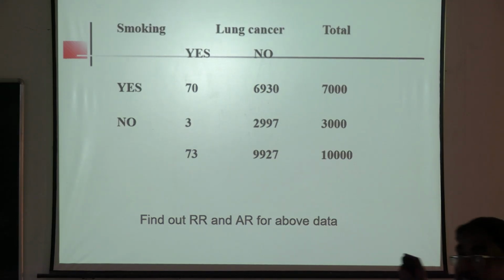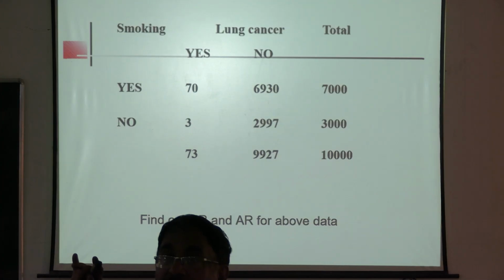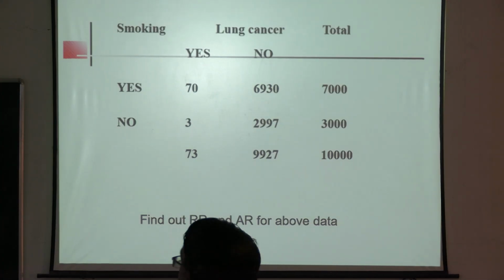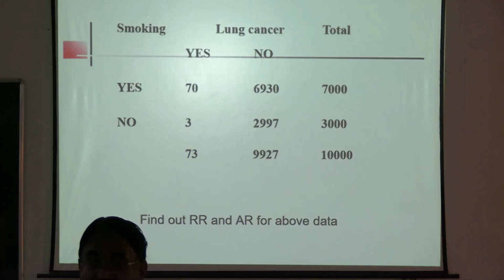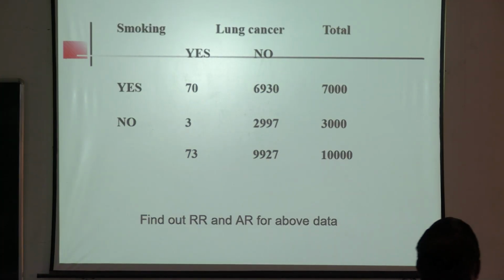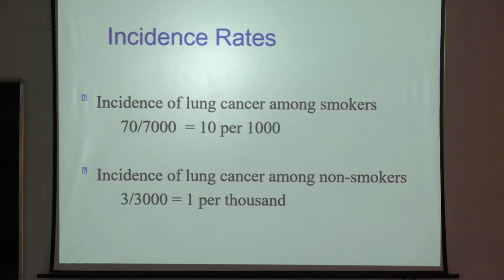How many smokers are there? 7,000 smokers. How many of them have lung cancer? 70. So, among the smokers, how many have lung cancer? 70 by 7,000. Incidence of lung cancer?